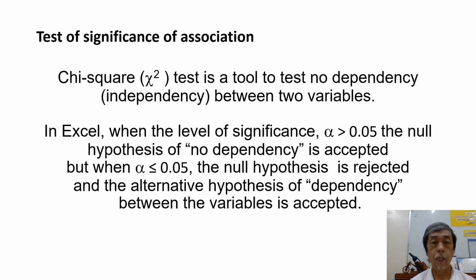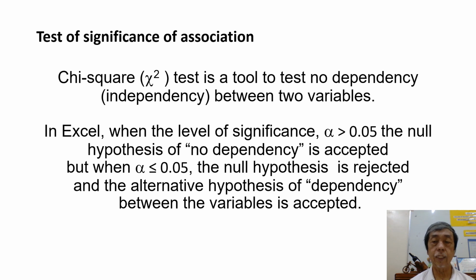For the test of significance of the association, we use the chi-square test. It is a tool to test no dependency, no association, or independence between two variables. In Excel, when you use the chi-test, it actually results in the determination of the level of significance.